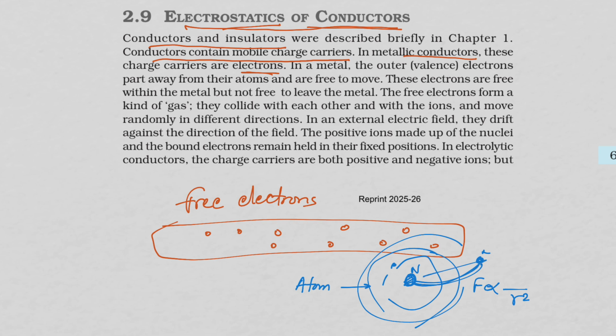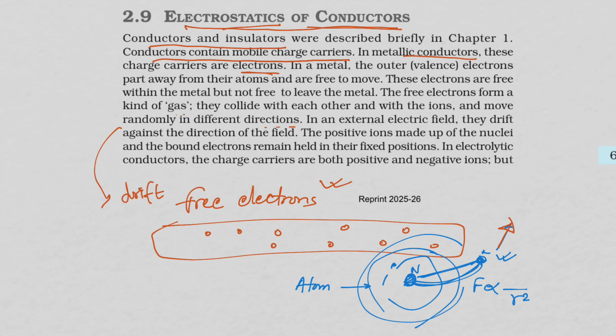So the outermost orbit electrons, which are very far from the nucleus, will have very little bonding with the nucleus, and that's why they can easily be detached from the atom, and then they become free electrons, and they freely move inside the metal.